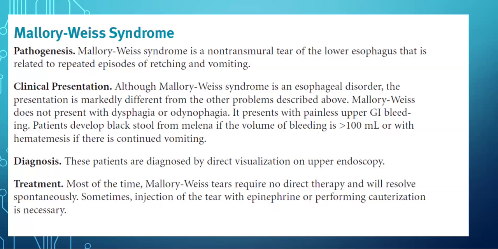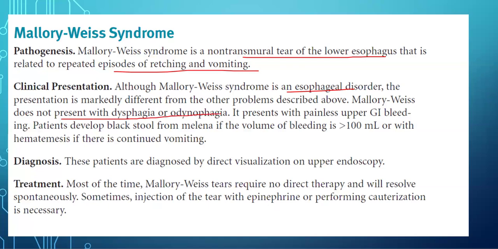One of the causes of hematemesis is Mallory-Weiss syndrome. So what is this Mallory-Weiss syndrome? It is a non-transmural tear of the lower esophagus that is related to repeated episodes of retching and vomiting. It is an esophageal disorder.